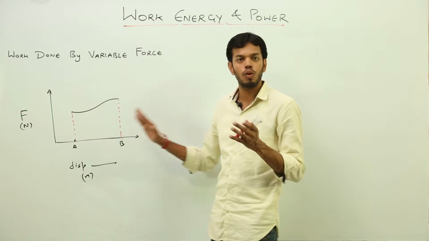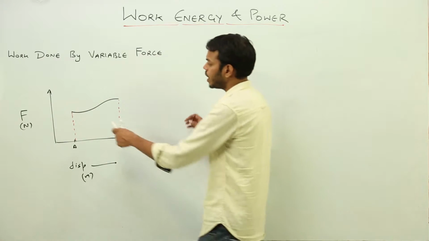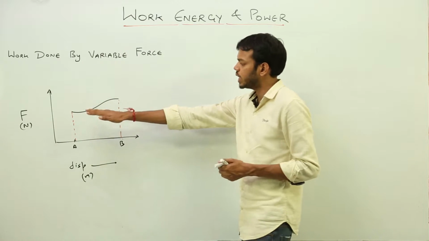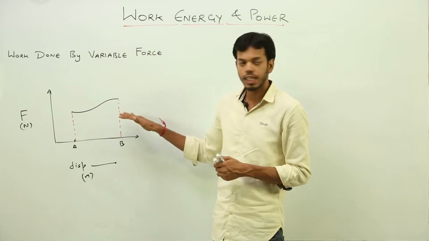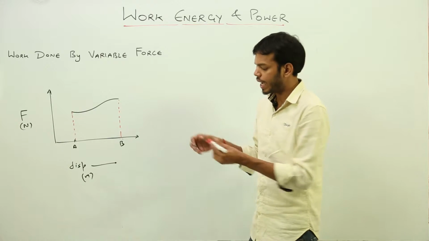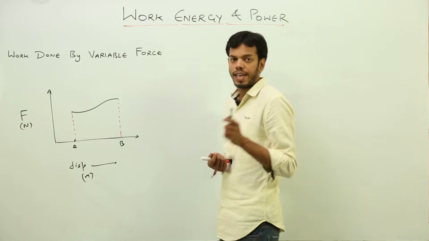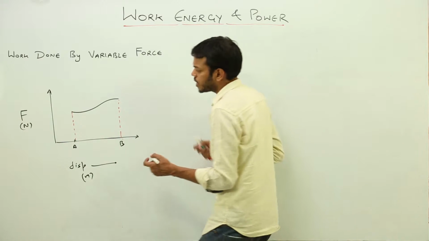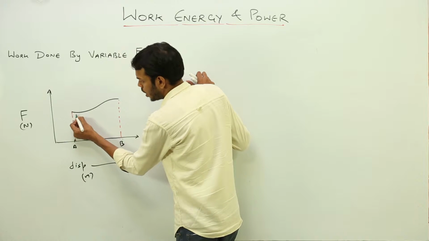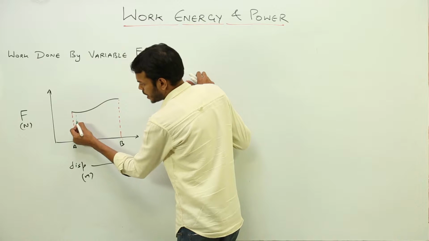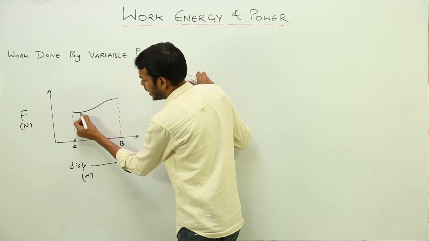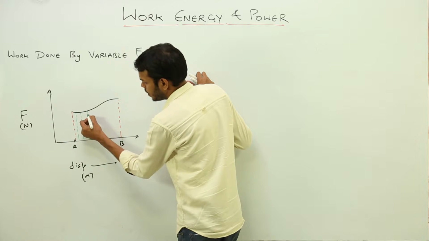Work done is calculated by force into displacement. Now here, when force is variable in nature, we have shown it in this graph, we can suppose that this variable force is actually made up of very small, infinitesimally small displacements. That force is being applied in small displacements, right?